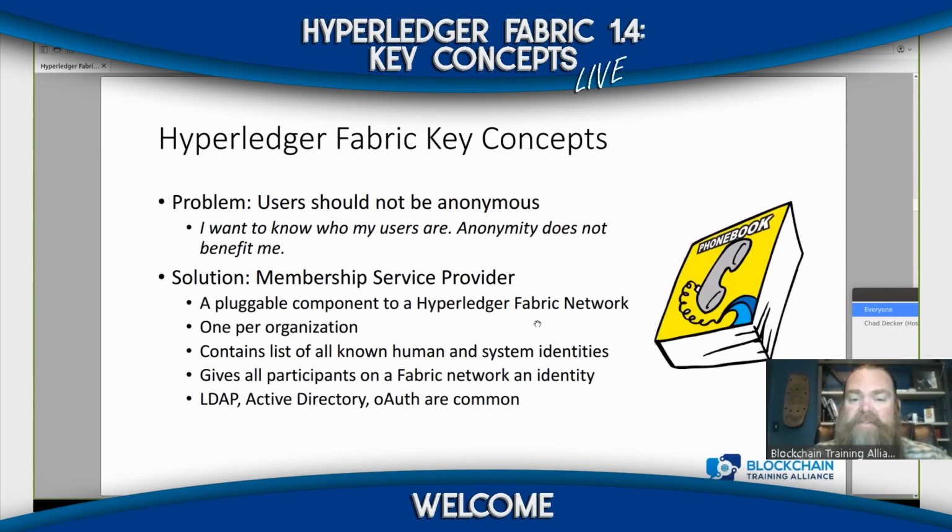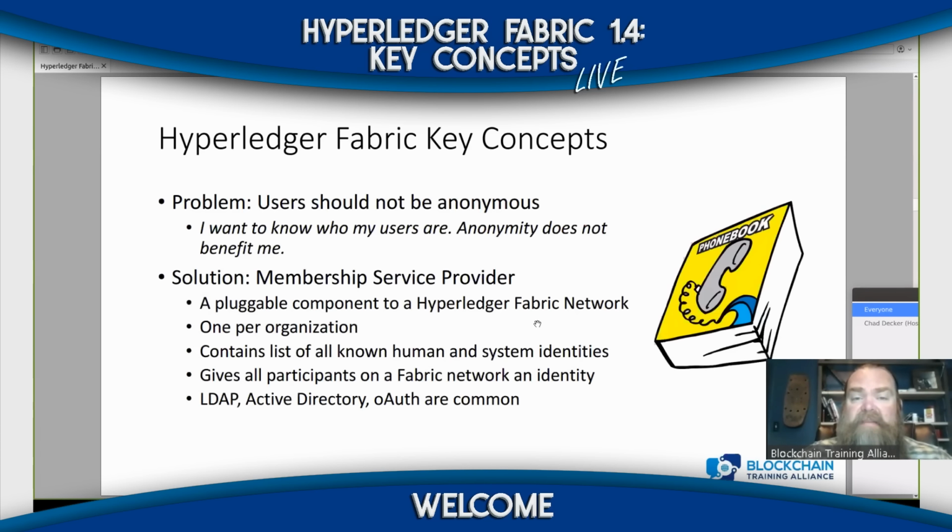Well, the membership service provider is going to tell us who are all the valid members at your organization, who are all your employees. This is a pluggable component, and it contains a list of all the known identities at your organization, both human beings and other line of business systems, because Fabric will happily interact with both.